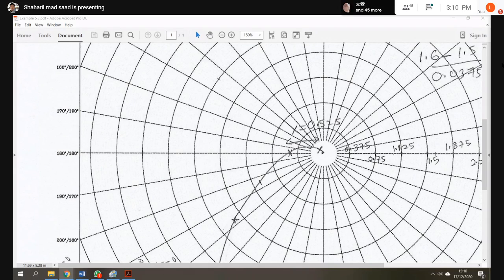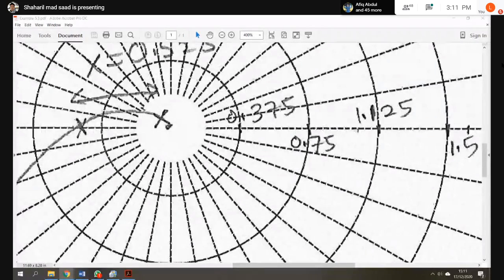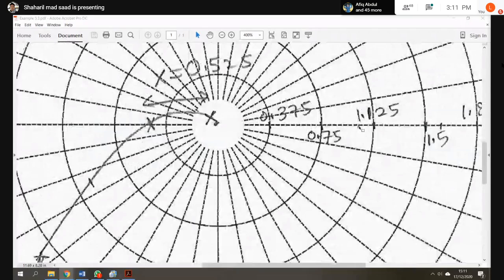All right, so alpha. How to find the alpha? You need to have the magnitude of one here. Let's find out the step of one. So 1 minus 0.75 divided by 0.0375 is almost 7 steps here. So you can find 1, 2, 3, 4, 5, 7. Now you bring this magnitude until it crosses your Nyquist diagram here.